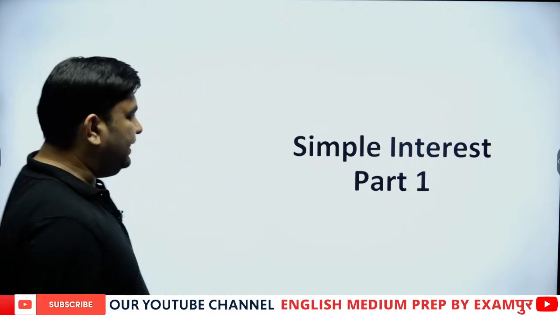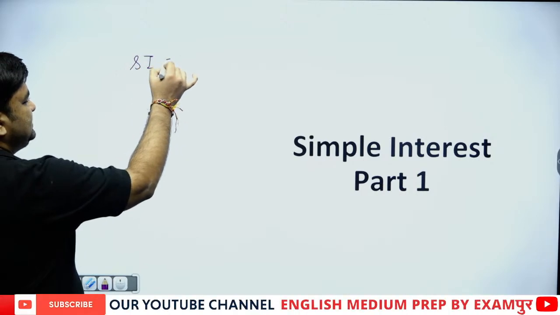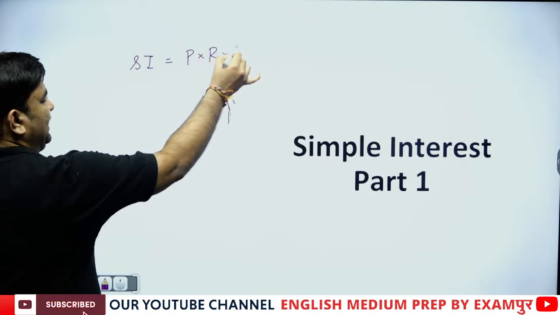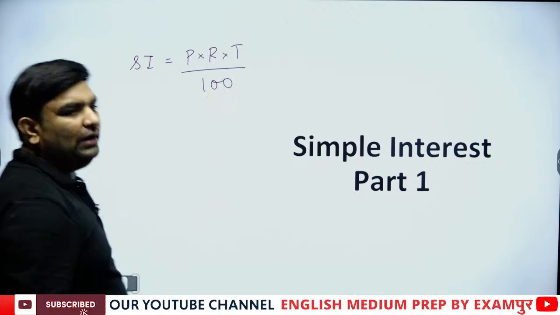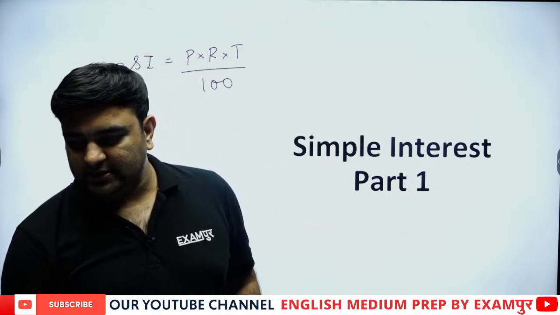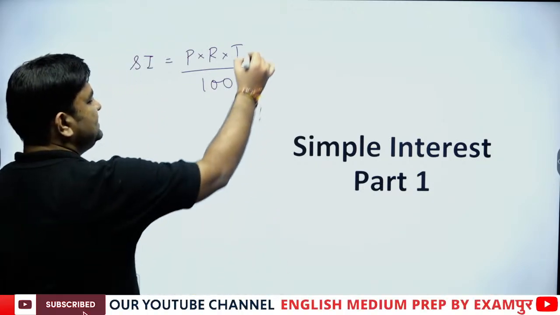As you might be aware from your childhood classes, simple interest is principal into rate into time divided by 100. The only thing you need to take care of is that here the time is in years.